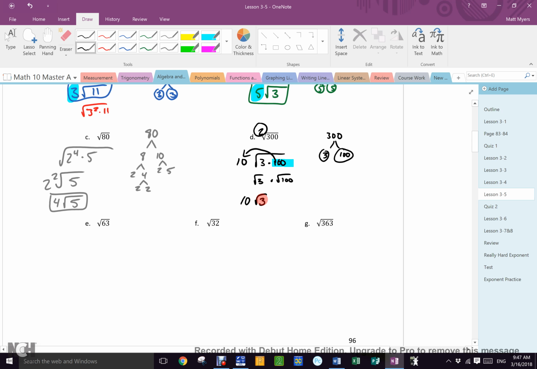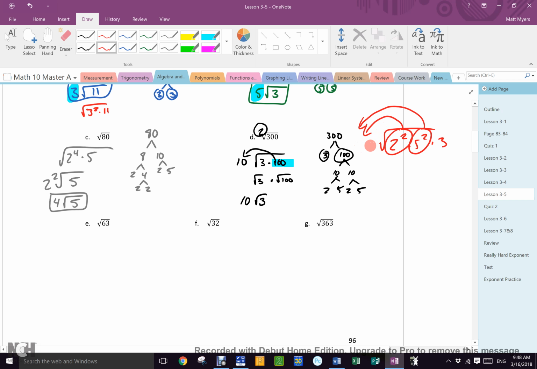Does everybody see that? Here is what it looks like if you do it the long way. 10 and 10, 2 and 5, 2 and 5. So what I have is the square root of 2 squared, 2 2's, times 5 squared, 2 5's, times 3, right? There's a group of 2, so out comes a 2. There's a group of 2, so out comes a 5.